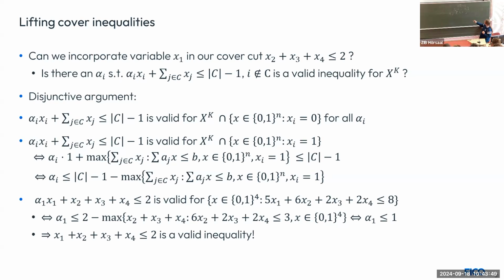This means we can use at most one of the variables. So this maximum here is 1, so alpha 1 is less equal 0. So this is a valid inequality for each alpha that's less equal 0, and of course we choose the maximum one to get the strongest cut. Again, I recommend working through this slowly on your own, but that's a sketch at best of a lifting procedure.